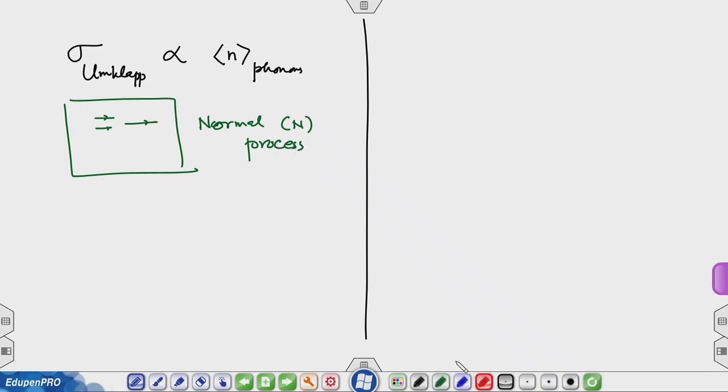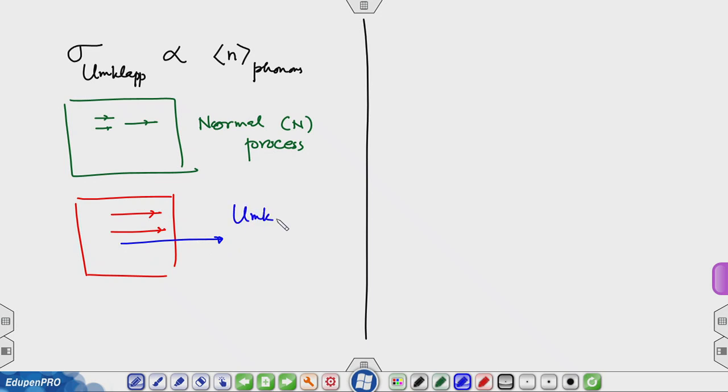On the other hand, if I have these two big k phonons and they combine to give a k which is going outside the Brillouin zone, this is the Umklapp process or U process. And this will come into play only if the temperature goes high. Why?